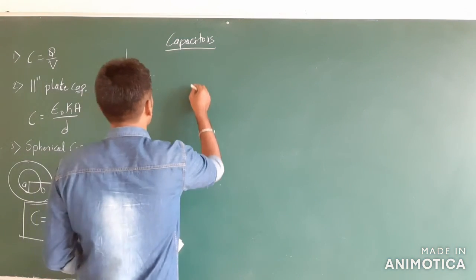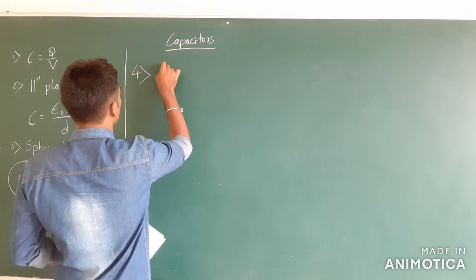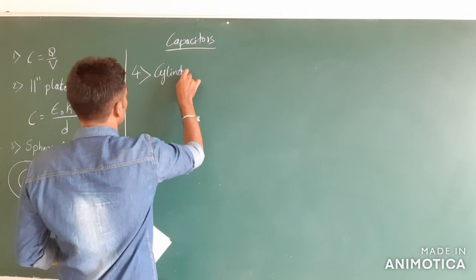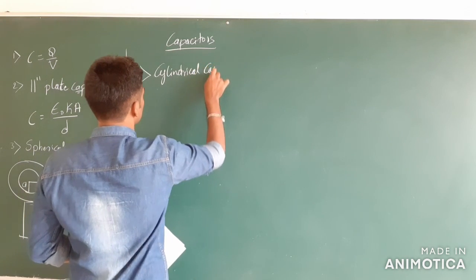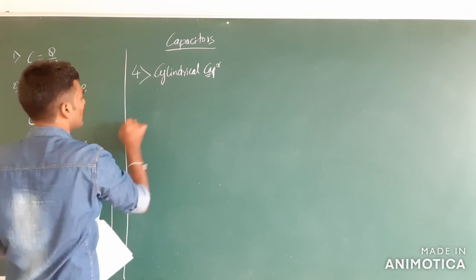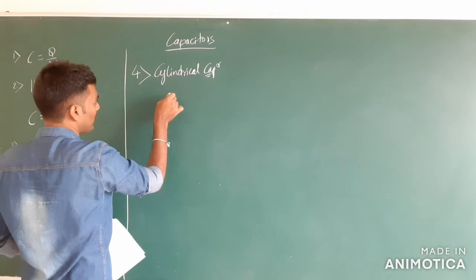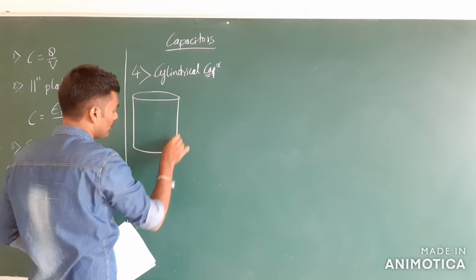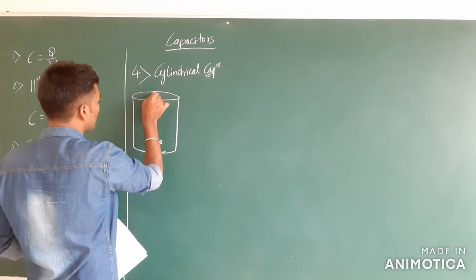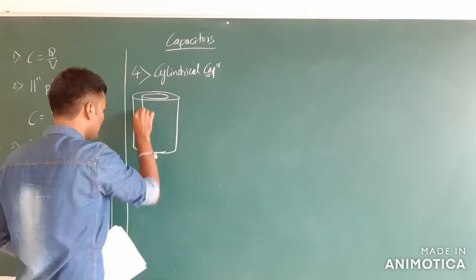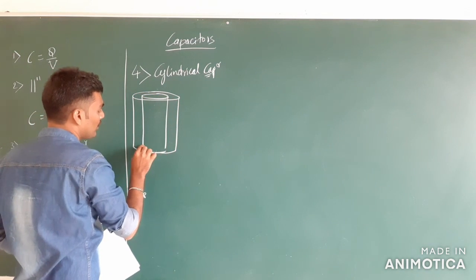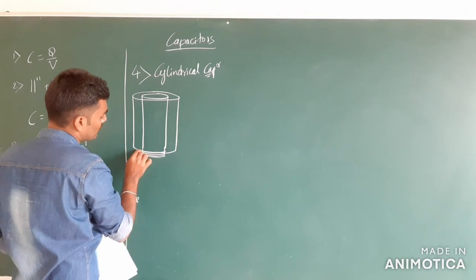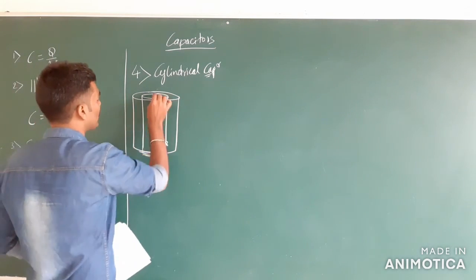It looks as follows: a hollow cylinder, and another cylinder of smaller radius, both with a common axis.